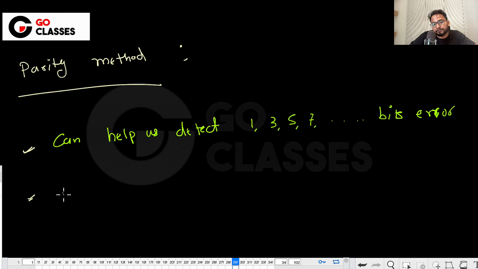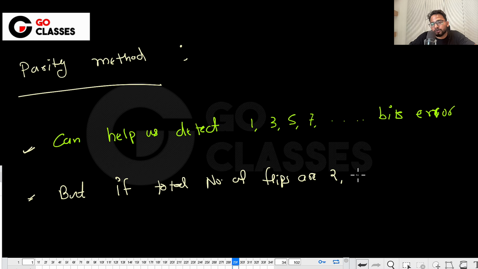But if the total number of flips is 0, basically 0 is a good case, so if there is no error, or let me take 2, 4, 6, like this, bits error, then this method will not be able to detect.